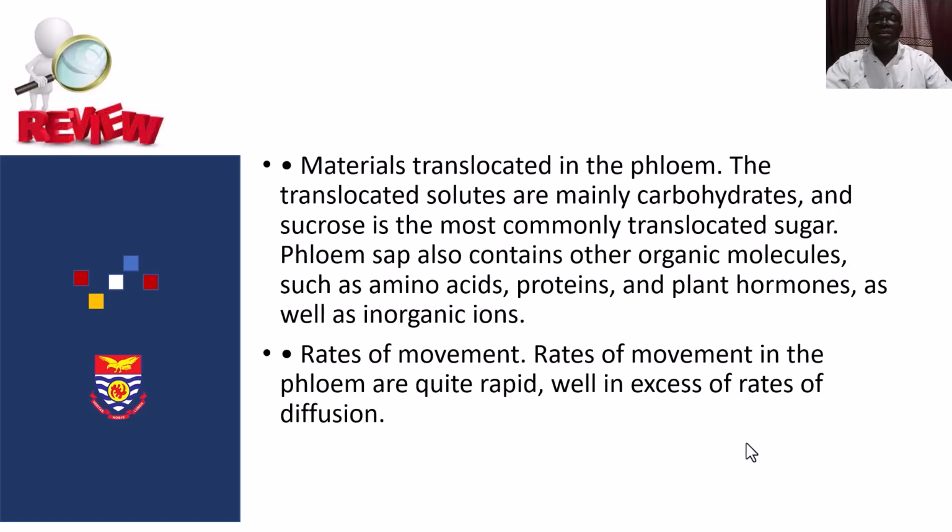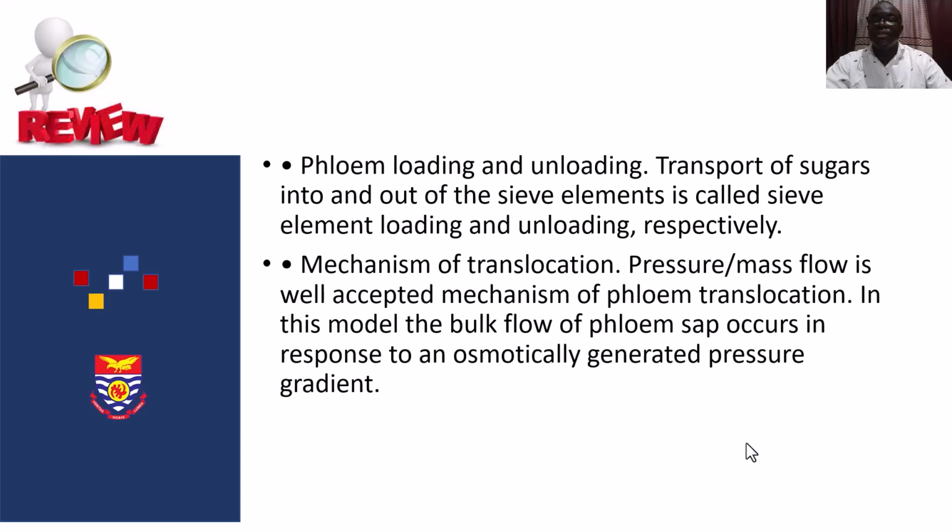Materials translocated in the phloem. The translocated solutes are mainly carbohydrates, and sucrose is the most commonly translocated sugar. Phloem sap also contains other organic molecules such as amino acids, proteins, and plant hormones, as well as inorganic ions. Rates of movement in the phloem are quite rapid, well in excess of rates of diffusion.